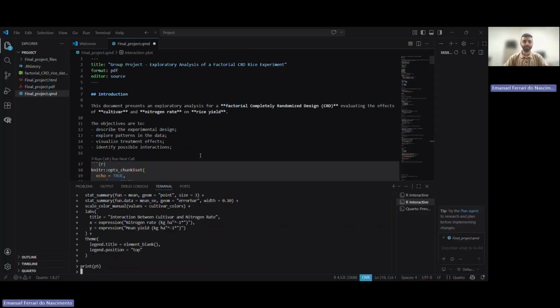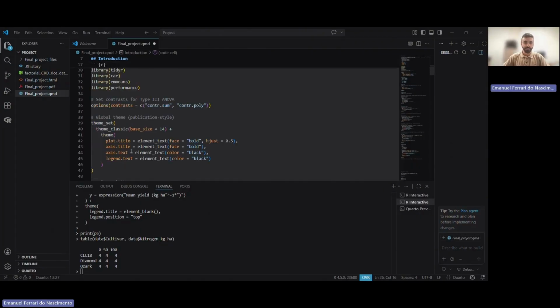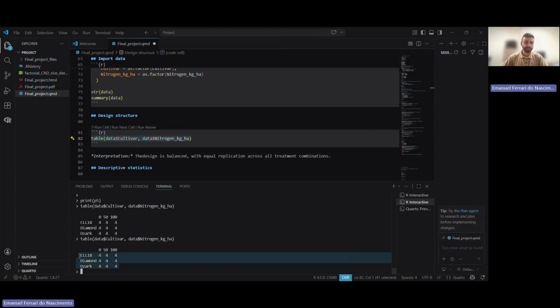I'll share with you the results of our exploratory analysis of the effect of cultivar and nitrogen level on rice yield using a factorial CRD. Just to remember, we have 3 cultivars, 3 levels of nitrogen, and 4 replications. After loading the packages and reading the data, we can see that the experiment is balanced because we have the same number of observations for each treatment combination.